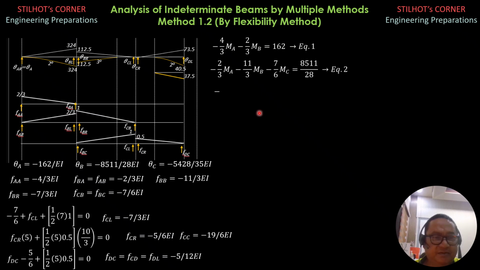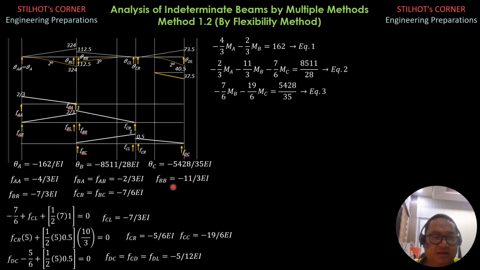So we have here negative 7/6, that's FBC, times MB, plus FCC, which is negative 19/6 MC, then plus theta C. Theta C is equal to negative 5428/35, equals 0. So transpose this to the right. So 5428/35. This is equation 3. So solving for these three equations simultaneously.